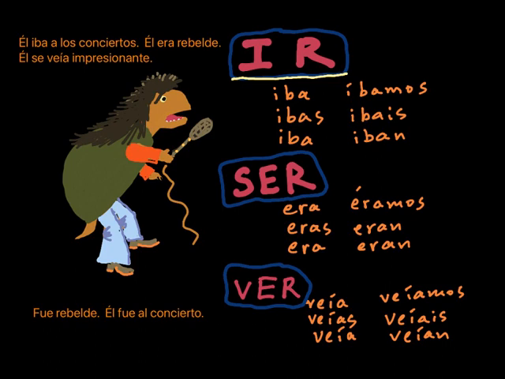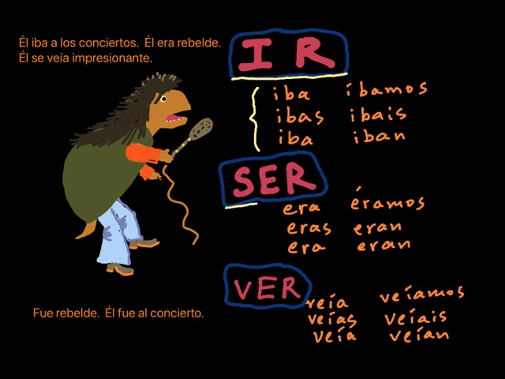Note that as a secondary meaning it would be used for while I was going, while you were going. So it will be used for the repeated action in the past or ongoing action.